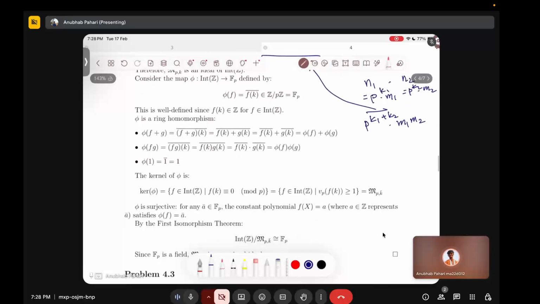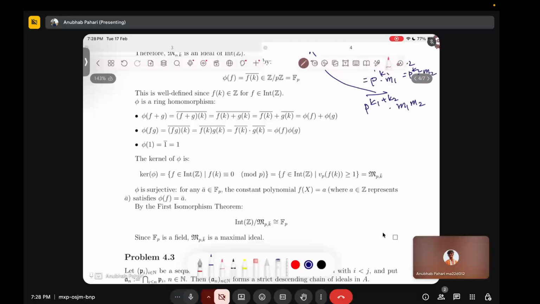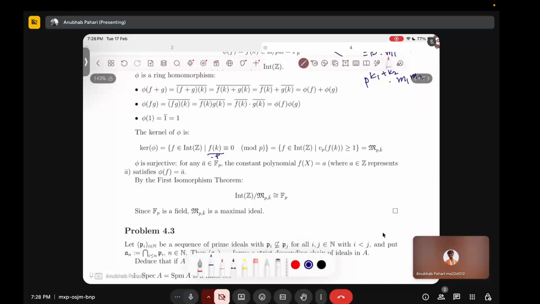And now the kernel of phi is the set of f in Int(Z) such that f(k) is congruent to 0 mod p, so it is clear that v_p of f(k) should be greater than or equal to 1, since p divides f(k). Now we show that phi is surjective. For any a bar in F_p, the constant polynomial is there, therefore it is surjective also.